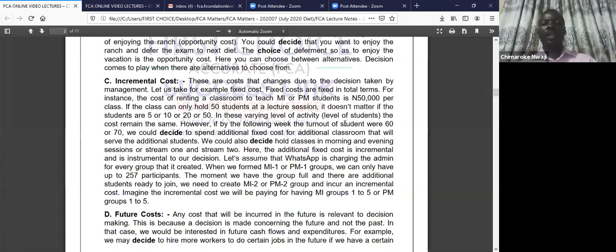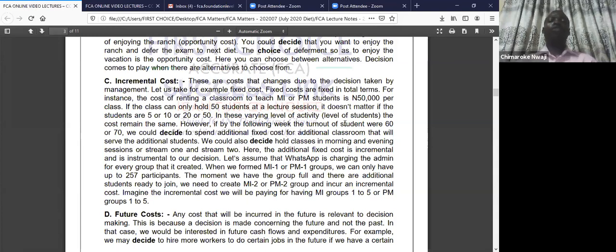What is incremental cost? Incremental cost will now have to do with fixed costs, because of course we can say that variable costs are incremental in nature. Yes, because if you are doing production for 10 units, you spend money proportional to 10 units.